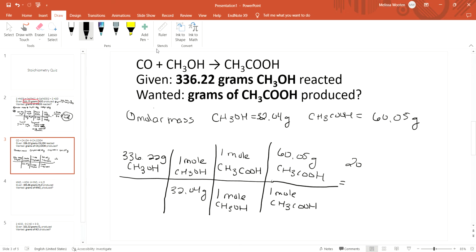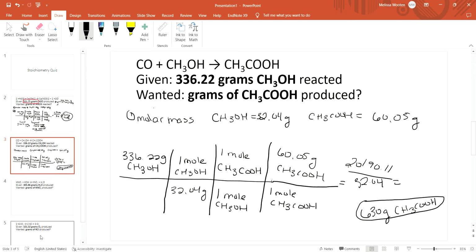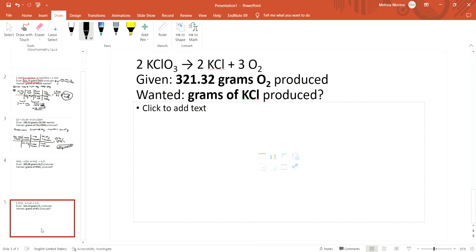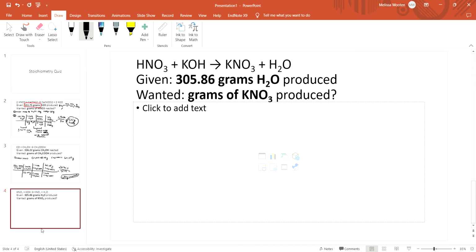Multiply across the top and divide by the bottom. 630 grams of what? CH3COOH, because all my other stuff cancels. And there's our answer. I don't think I put this problem in the quiz, so we're going to delete that, because I only put 3 problems.